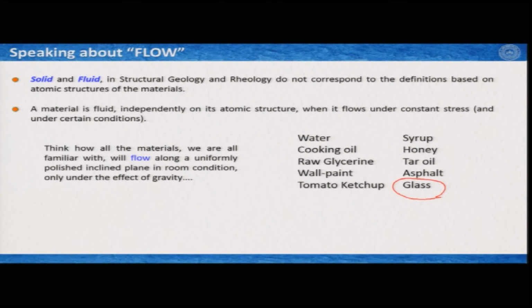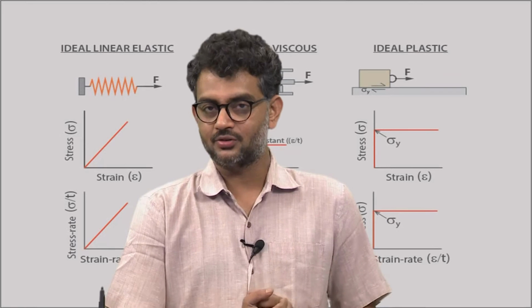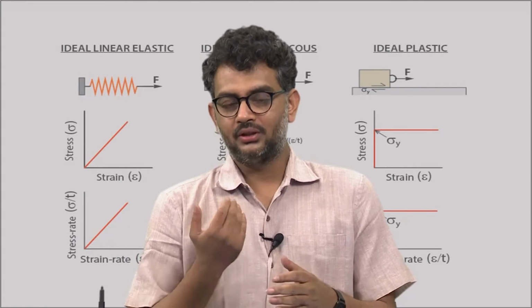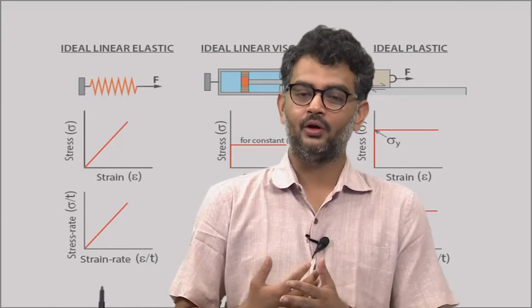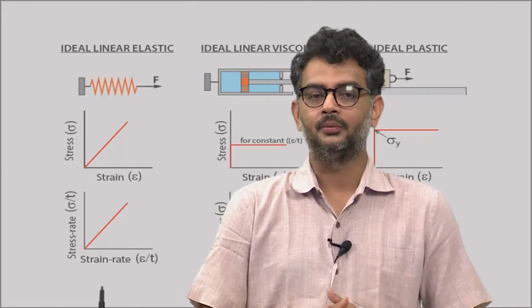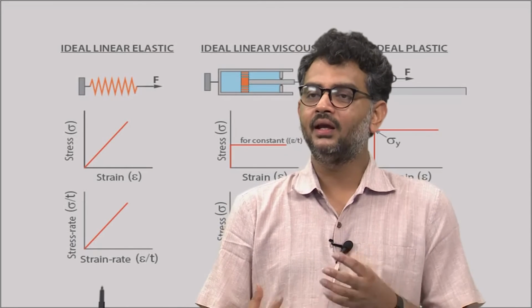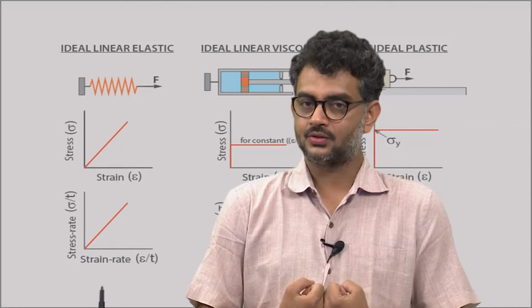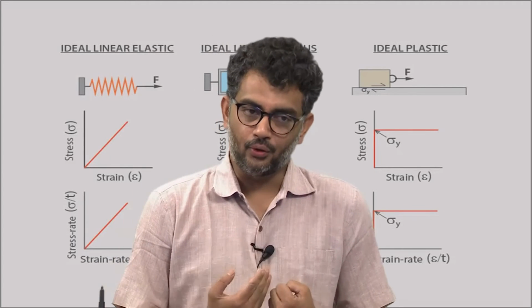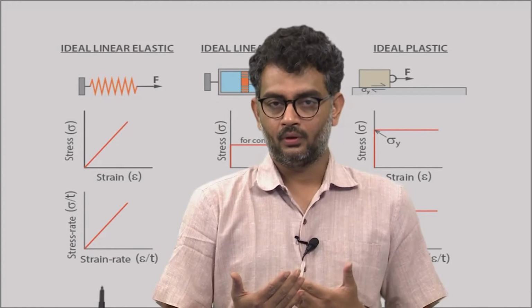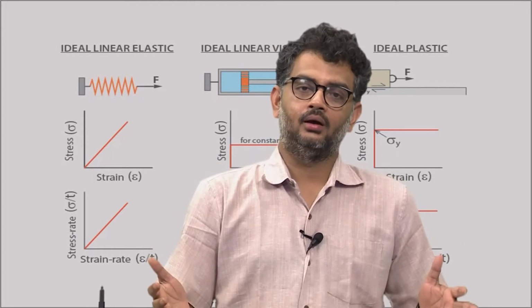Now, we generally classify all of them as fluid, right. So, the difference between water, cooking oil, raw glycerine, tomato ketchup and asphalt and so on, there is something in their material properties, that they are fluids, but they flow differently under the same conditions.